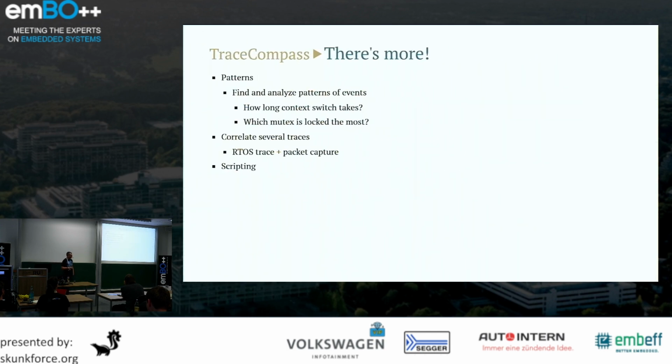There are a lot more features in TraceCompass that I will not cover today because it's not a TraceCompass conference. But a powerful feature is called patterns or segments, where you can define a state machine that looks for a series of events in your trace, like time between a task being switched out and switched in, or how long the mutex was locked, or for how long a queue was at its peak capacity.